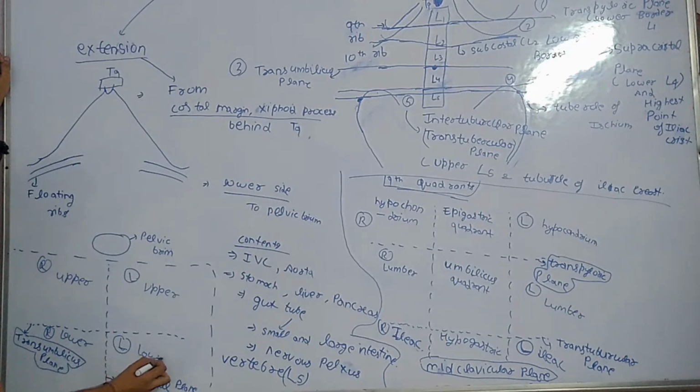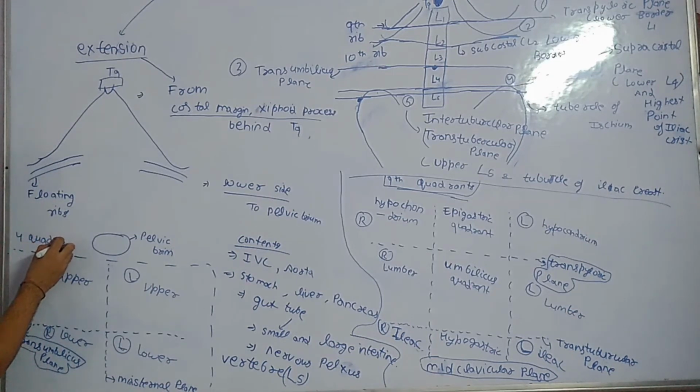So this is the 4 quadrant division of the abdomen.